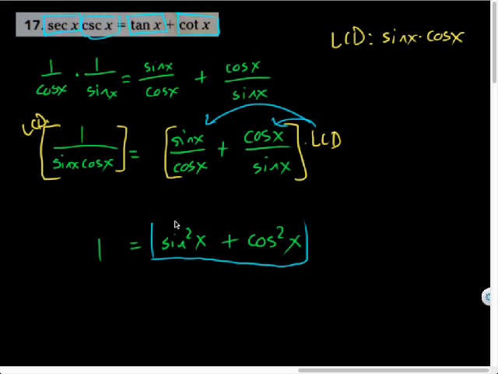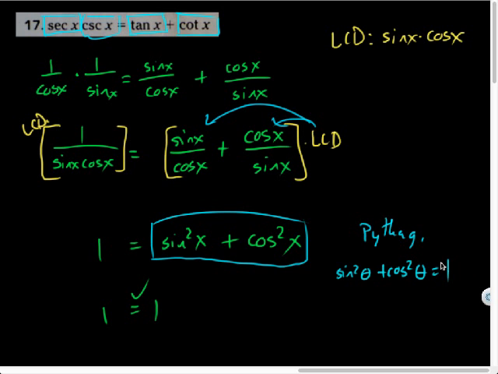And you might recognize that as a Pythag. And I agree, and I'm going to get 1 equals 1. Verified. Right, because the Pythag identity literally said sine squared theta plus cos squared theta equals 1. So I could just substitute 1 in for that. It's kind of a gross error there. Well, anyways, you get the idea.